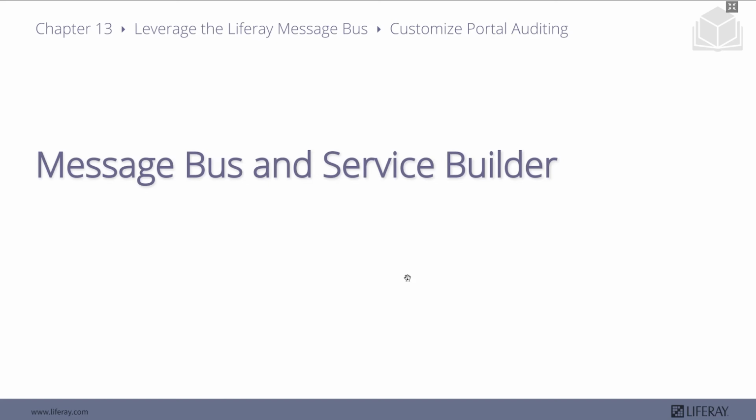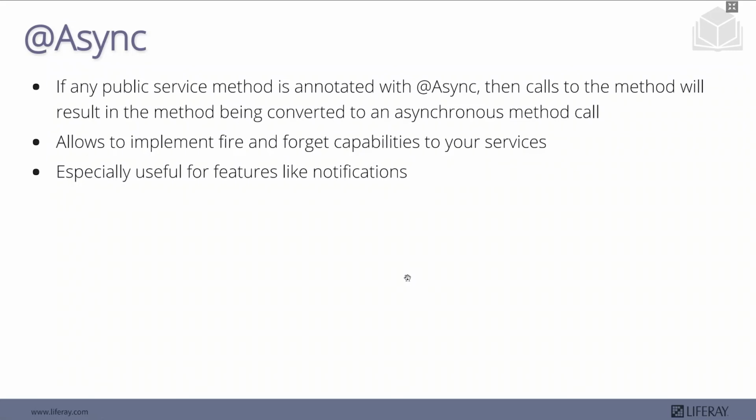So the message bus and service builder, how do they exactly relate? Within our service builder project, we can use two specific annotations to help us out. The first one is going to be async.